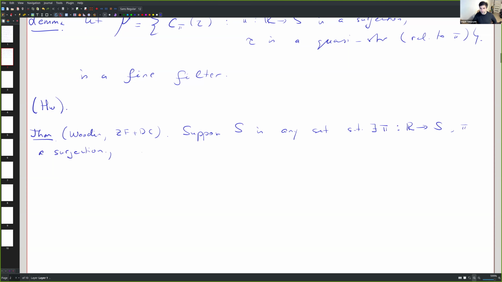Okay, so suppose S is any such set, and suppose mu is a supercompactness measure on the P omega 1 of S.